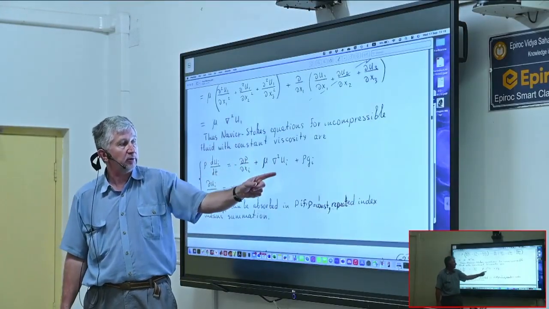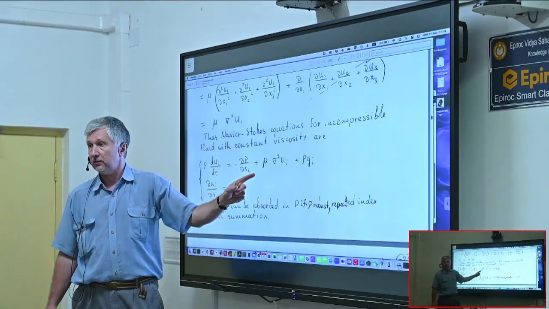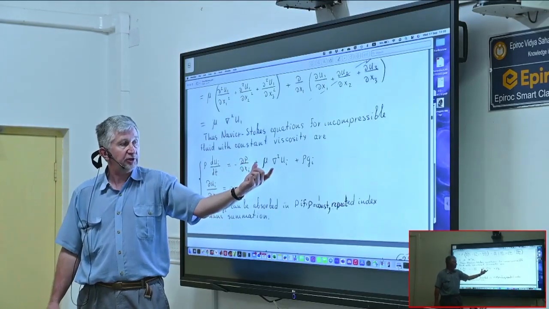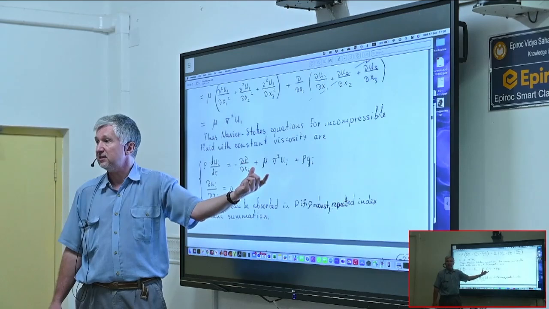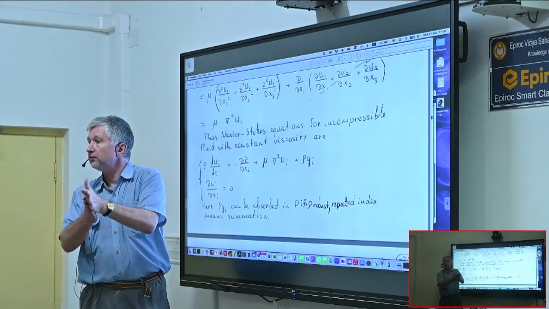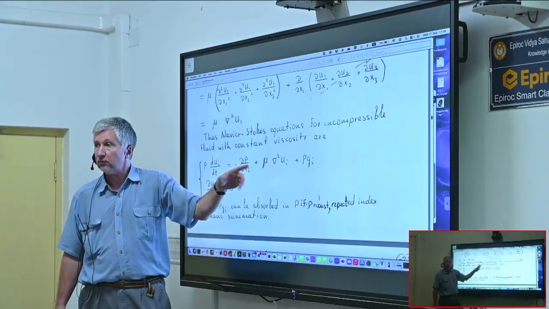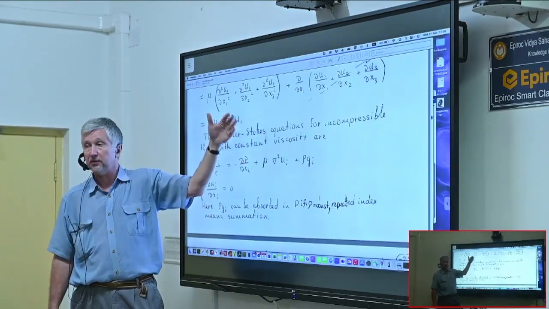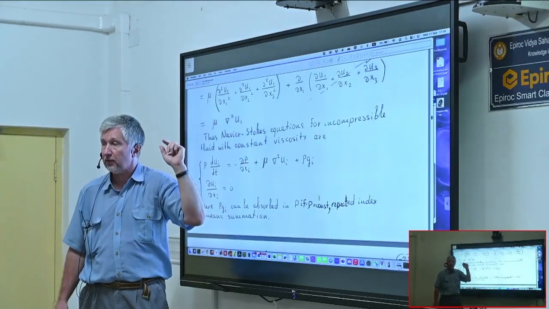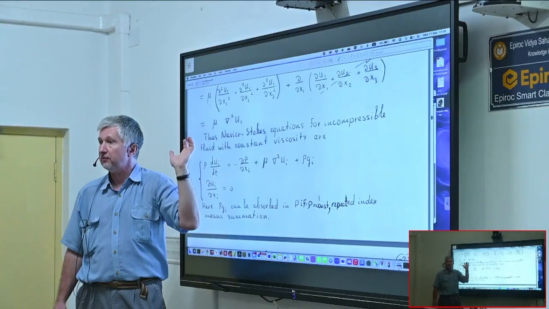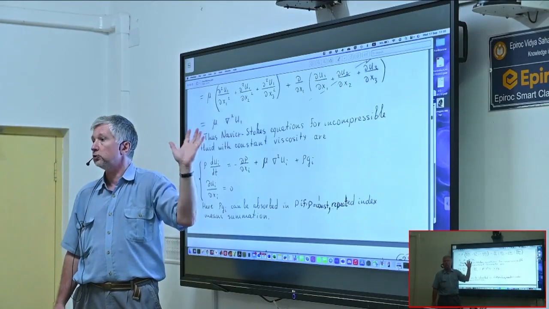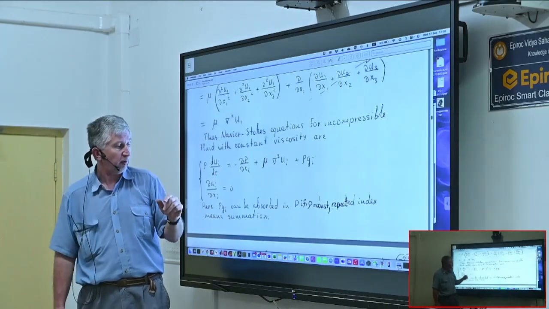But what is important is that we will have an additional term, which is called viscous dissipation. This is due to friction. Mathematical details of how it is obtained, why it is written in this form, that's part of the discussion in these lecture notes. Please go through that. Many of you have seen that before. If you studied fluid mechanics before, you will know that already. So I'm not going to focus on that.